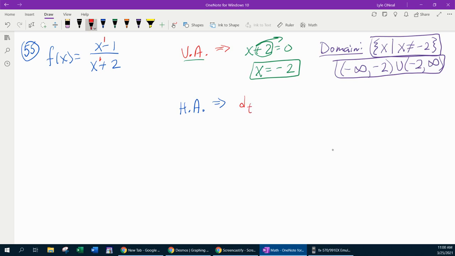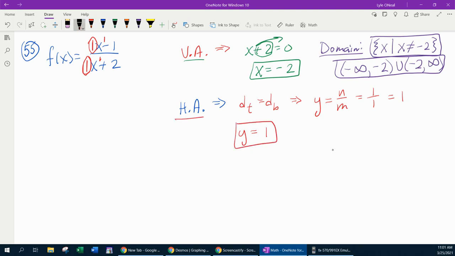So when the degree of the top equals the degree of the bottom, that implies that our horizontal asymptote is going to be y equals n over m, where n is the lead coefficient of the top and m is the lead coefficient of the bottom. So this would be 1 over 1, which is 1. So our horizontal asymptote is going to be y equals 1.